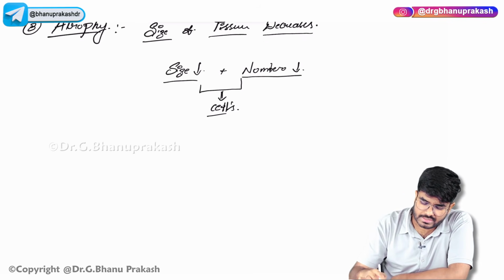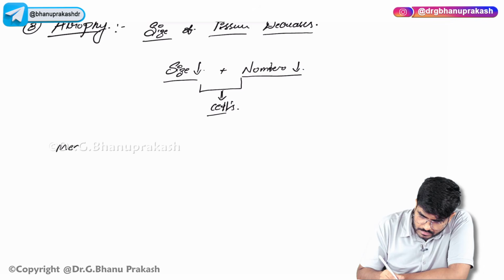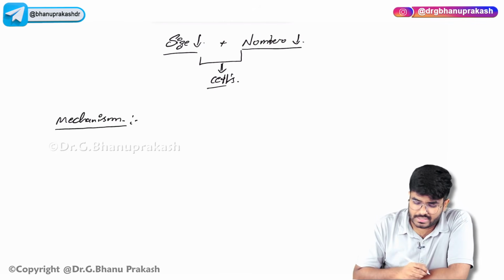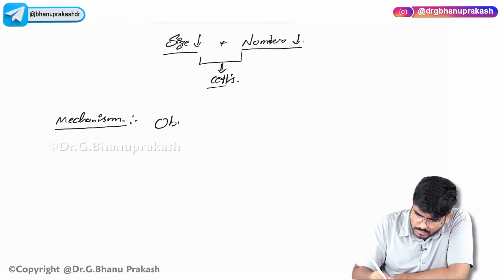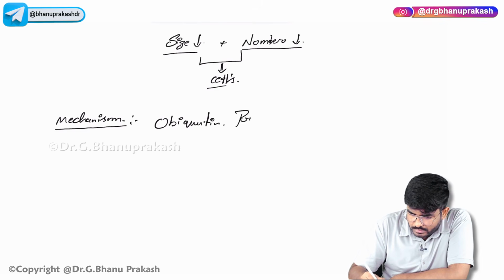Now, my question is, what is the mechanism involved in atrophy? The mechanism is ubiquitin proteasome degradation.